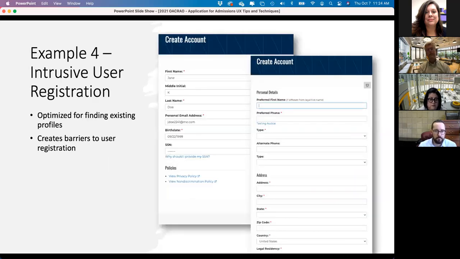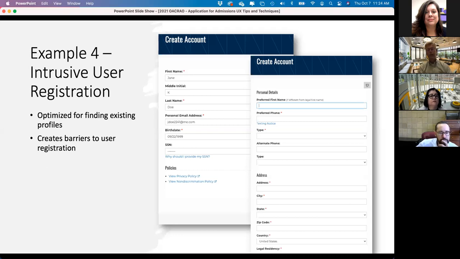Of course, the exact opposite is an intrusive registration. Here's an example where someone is asking for your social security number, your birth date, your preferred name, your address, prior names, legal residency. You have to fill all of this out before you can actually start the application and have a place as a candidate where I can come back in, check status, and complete it if it takes multiple sessions.